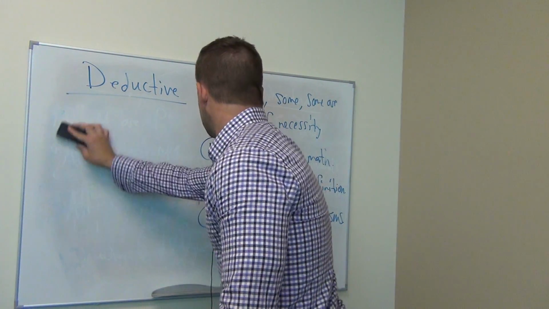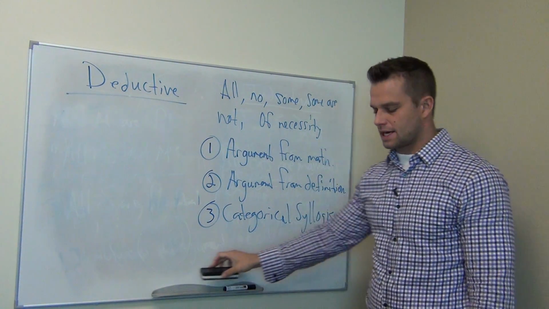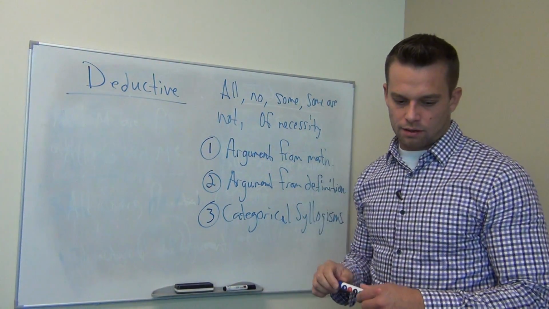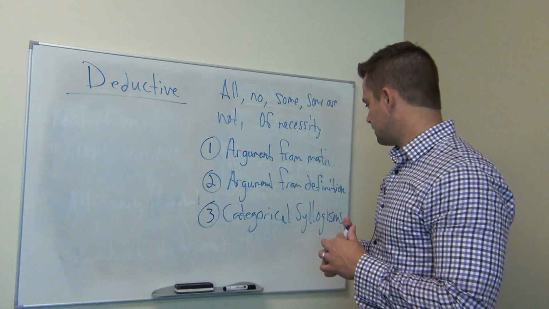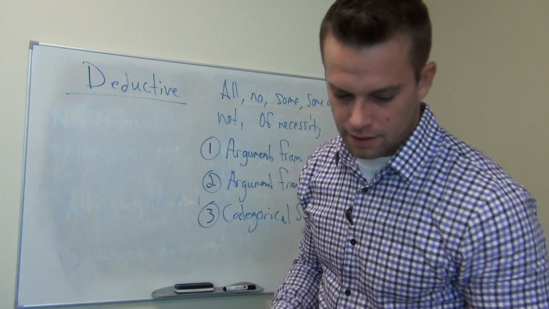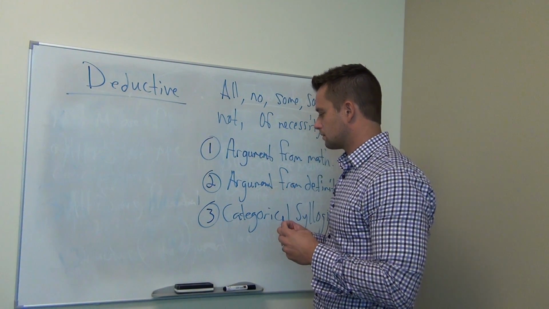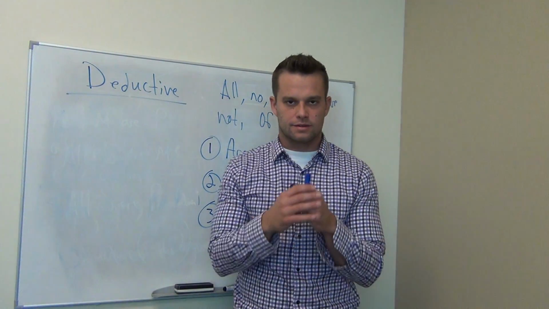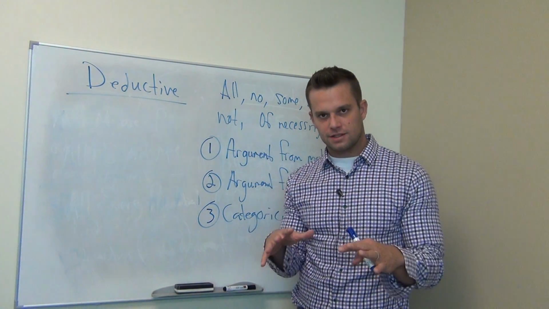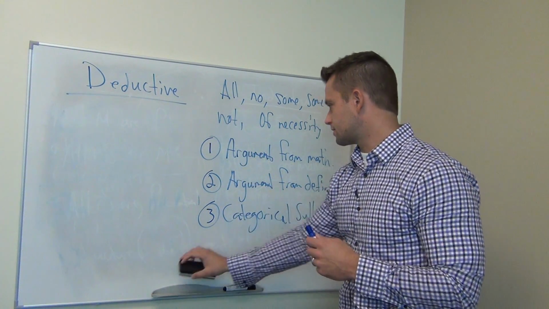So again, arguments from math, or mathematical arguments, arguments from definition, and categorical syllogisms are all forms of deductive arguments. There are a couple more that I'm actually not going to talk about because we're going in deep initially, and I want to talk about some other things before the lecture ends.